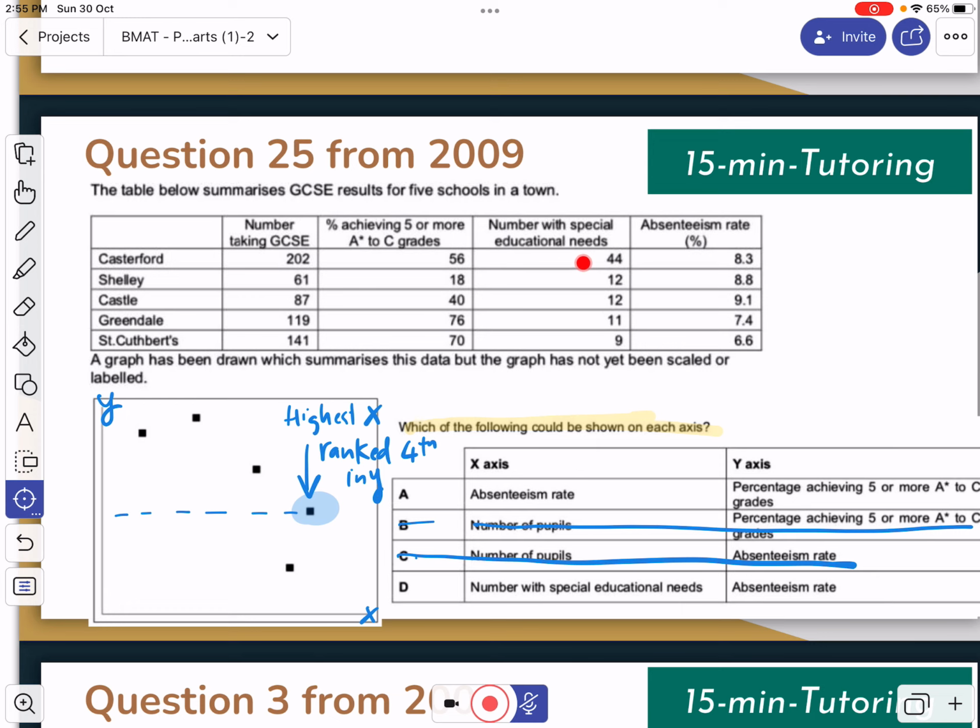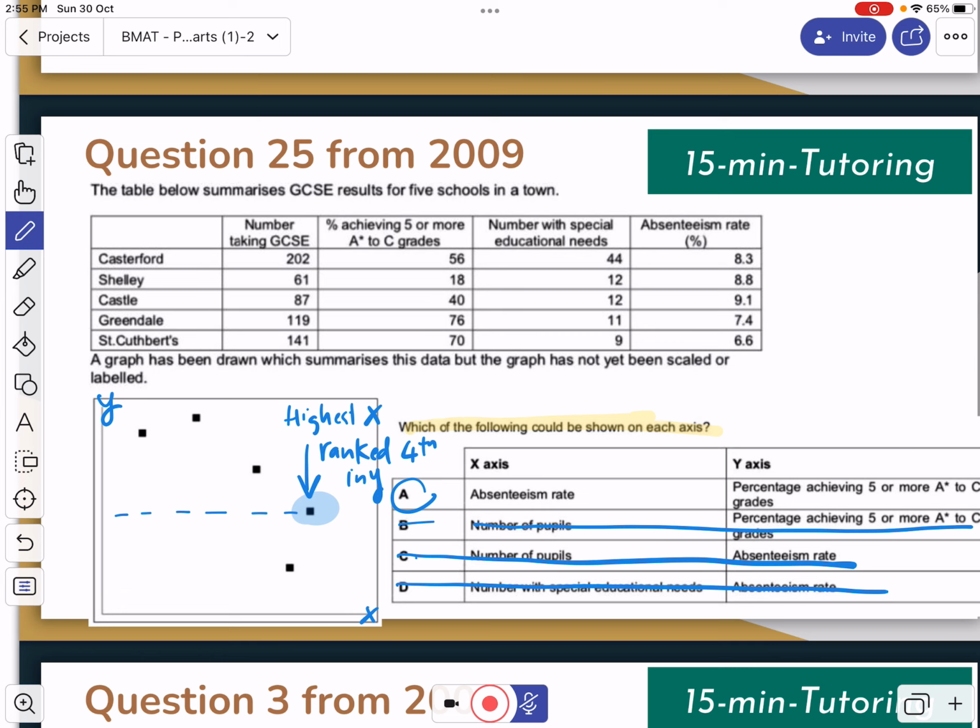Now we need to check, is Castleford ranked number 4 in absenteeism rate? No, it's not. Okay, it's ranked number 3. We already checked. D is crossed out, it is inconsistent. We go with choice A.